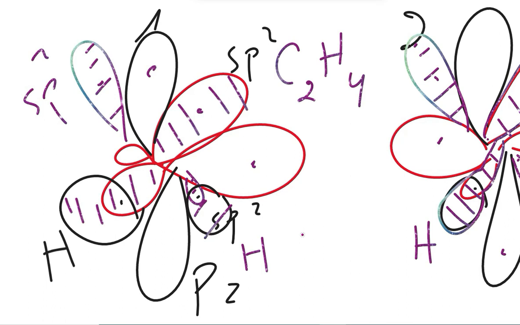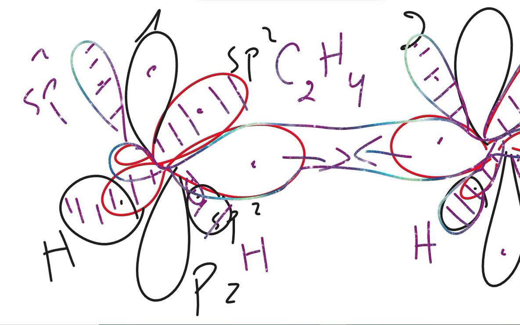In this case, the 2 carbons will bond together and share their electrons with each other. So this sp2 orbital will bond with this and will share their electrons, so they will come closer, of course, and we will have a molecular orbital of all this. Of course, they will be closer to each other.